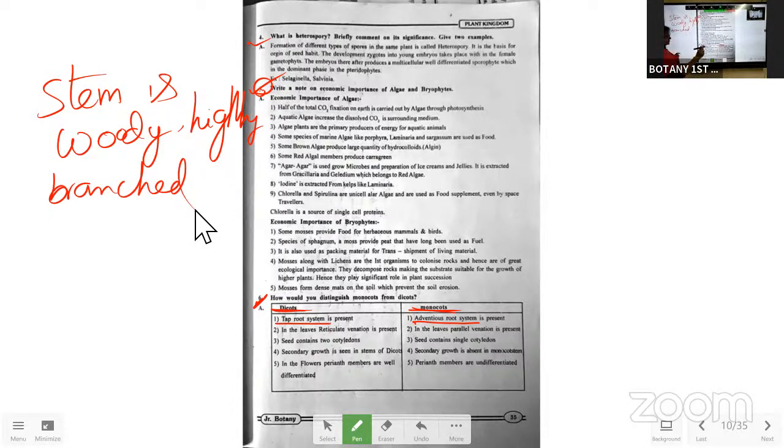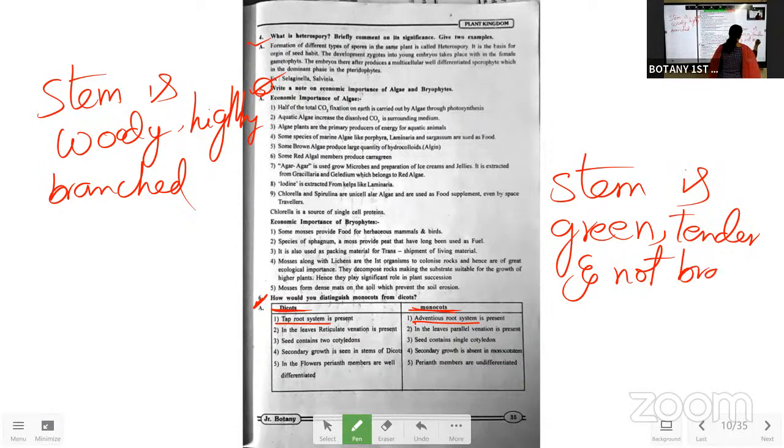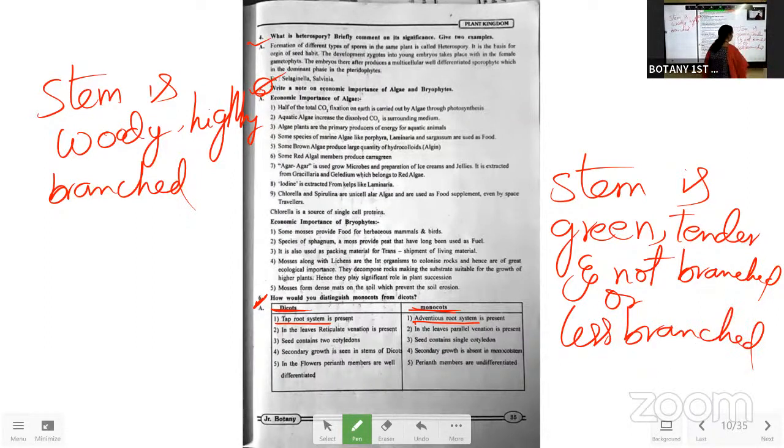Whereas in the monocots, stem is green, tender, and not branched or less branched. So in this, all the characters of the stem we have mentioned. Okay, next comes the leaves.